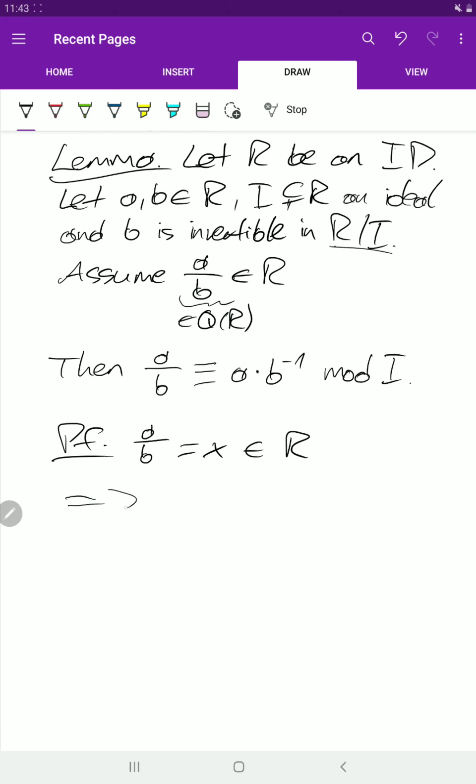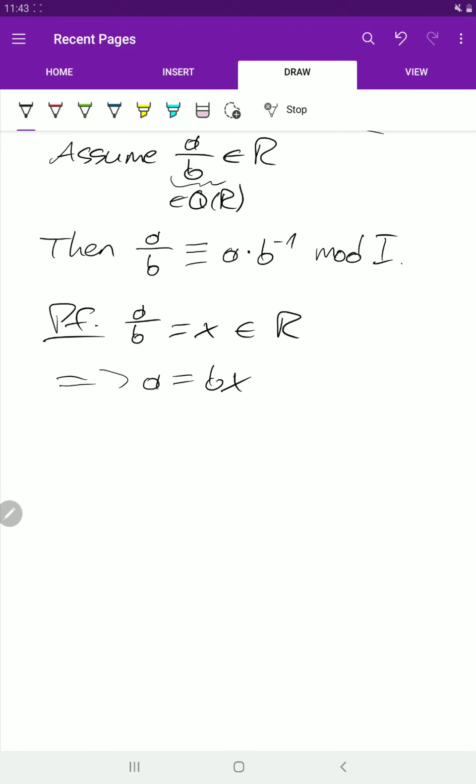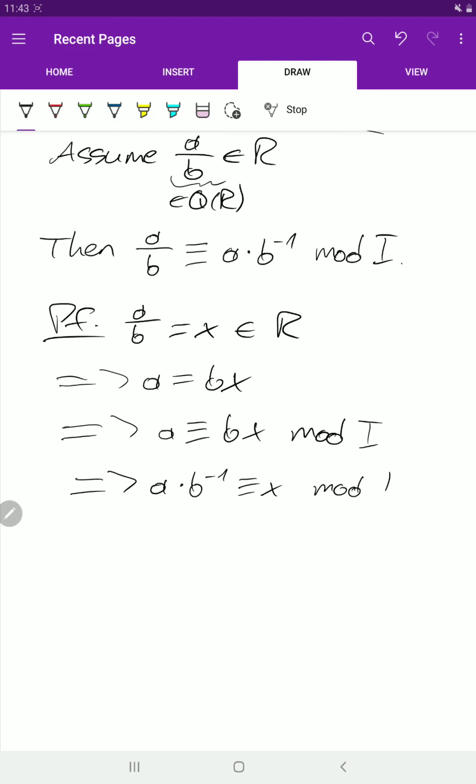That means that A is B times X. This equation holds in R. And so we get also that A is Bx modulo I. And so we get that A times B inverse is X modulo I, but X is A divided by B. So that's already the proof.